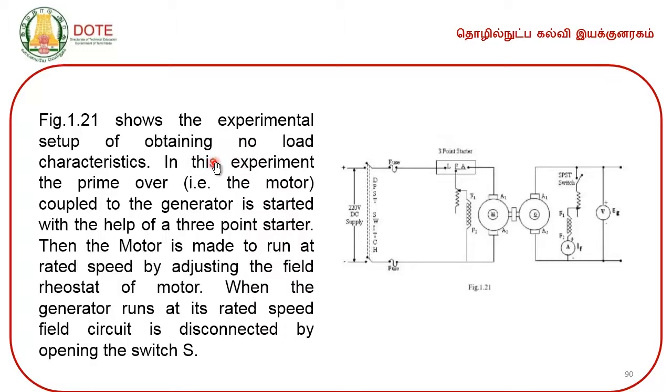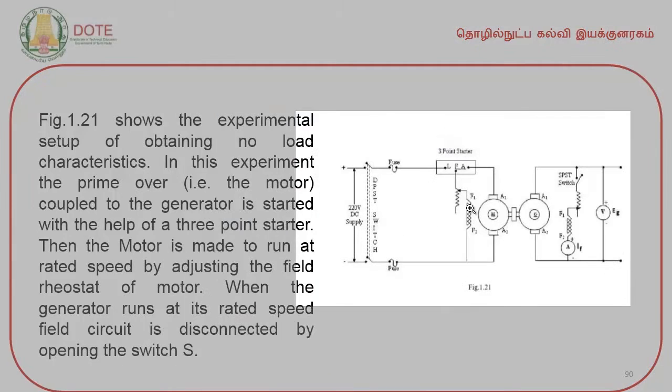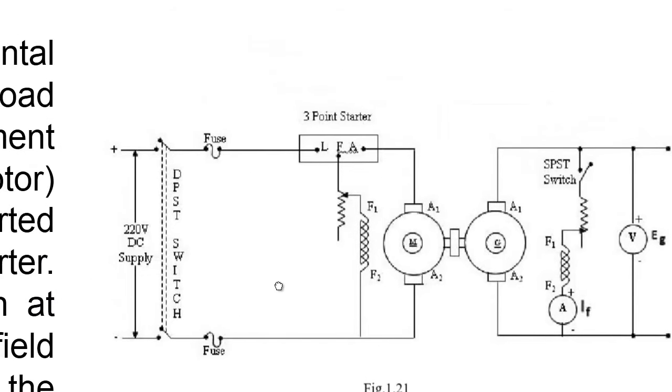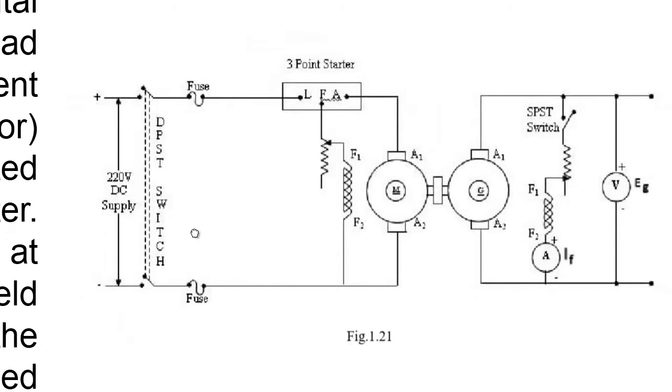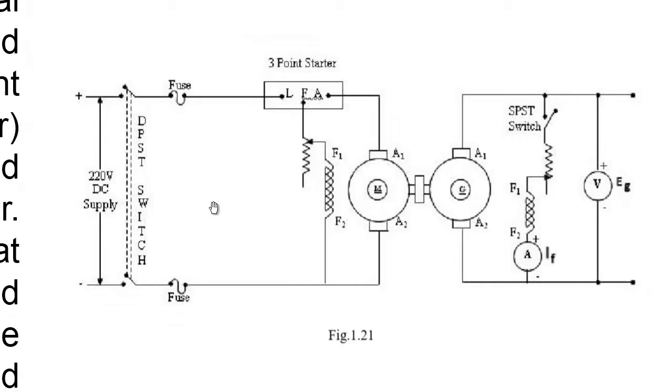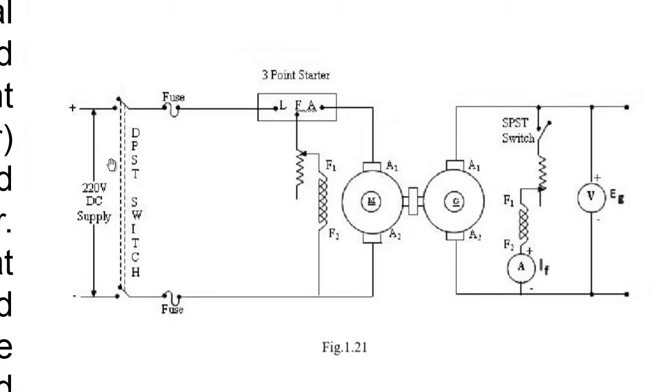Here you can see the enlarged vision of the setup for obtaining no load characteristics. So, this is the input power supply for this prime mover. So, this is the prime mover input supply, then DPST switch, and the motor is connected through a 3-point starter, and the prime mover is mechanically coupled.